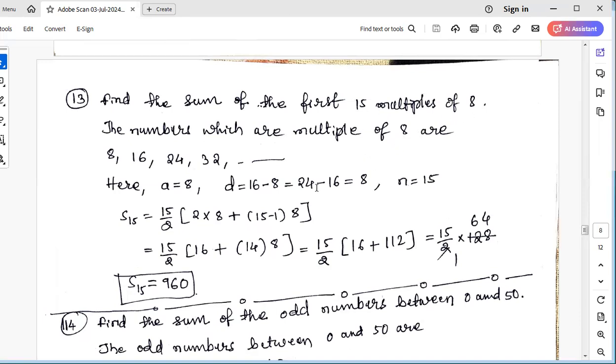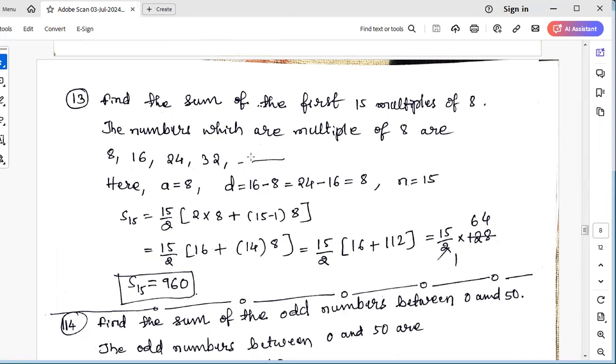That means we have to list out the numbers which are divisible by 8, or they are also the multiples of 8. So the few terms which are multiples of 8 are like this: 8, 16, the 8 multiplication table. 8 ones are 8, 8 twos are 16, 8 threes are 24, 8 fours are 32, 8 fives are 40.